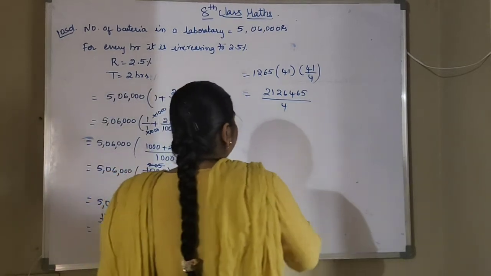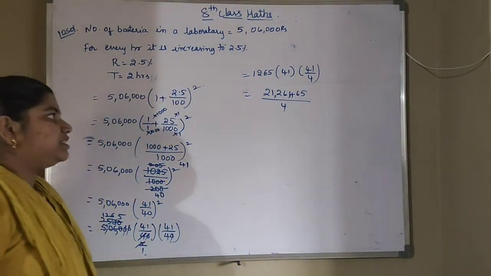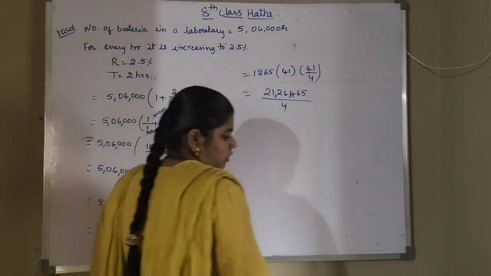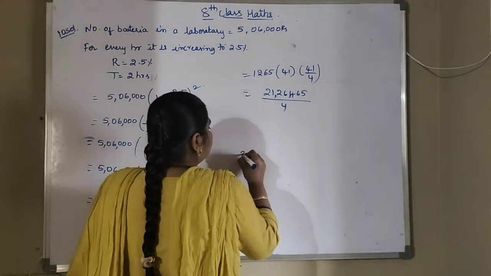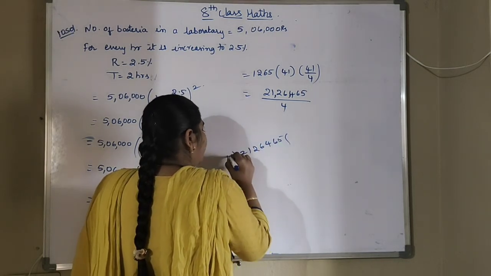So now this value you have to divide by 4. It is 21,26,465. I am dividing by 4 here.